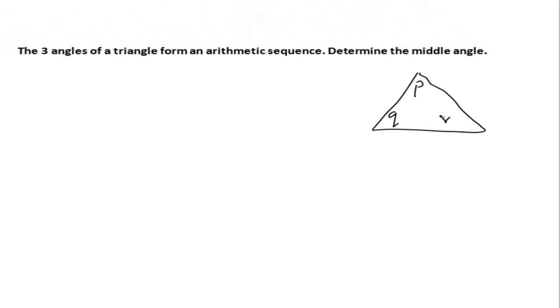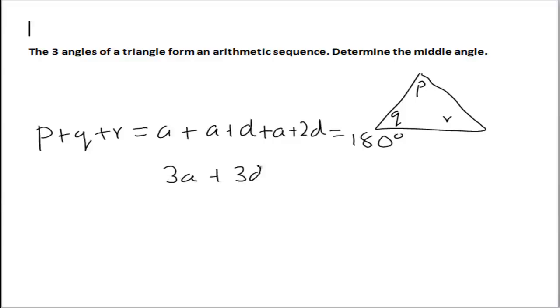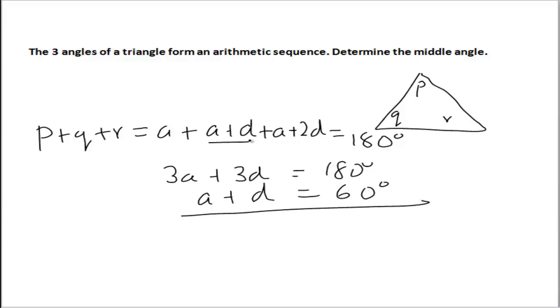So let's call these three angles P, Q and R. So angle P plus angle Q plus angle R. Now if we say let P be the first term, which is A, then the second term is A plus D, and the third term is A plus 2D, and all that's equal to 180 degrees. So if you look at this carefully, you got 3A plus 3D is equal to 180 degrees, and then A plus D is equal to 60 degrees, which is the middle angle.